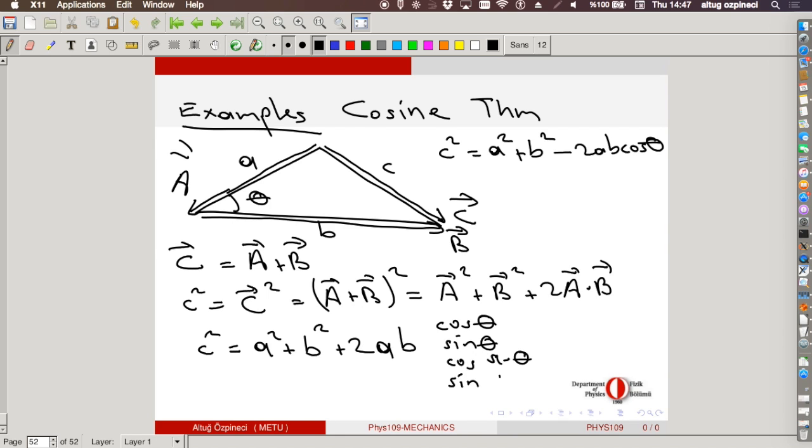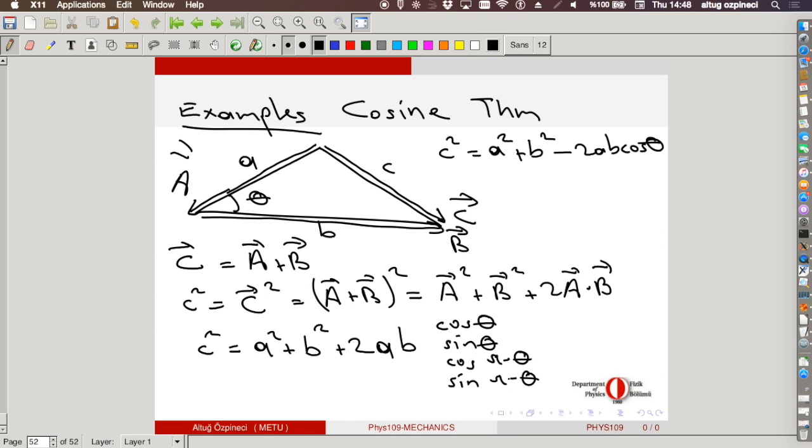Well, let me also add sine pi minus theta. Okay, remember the definition of the scalar product: the cosine of the angle between the two vectors. If you bring the ends of the vectors together, this is one vector, this is the other vector, then you multiply by the cosine of that angle.